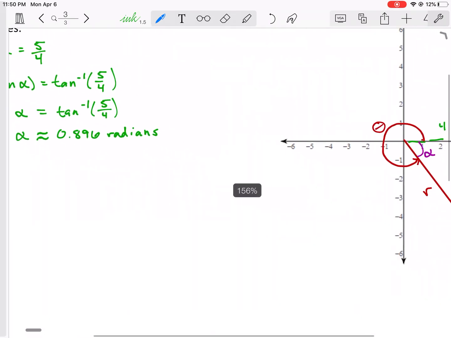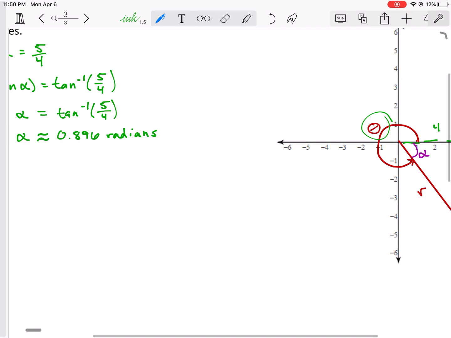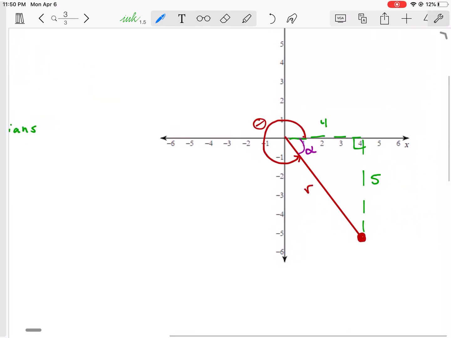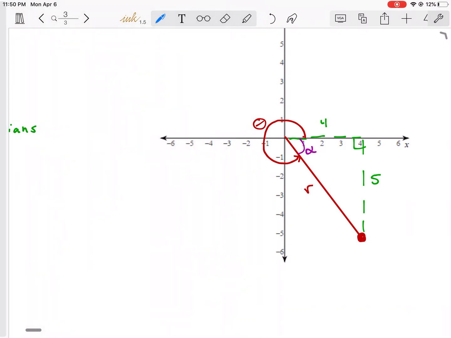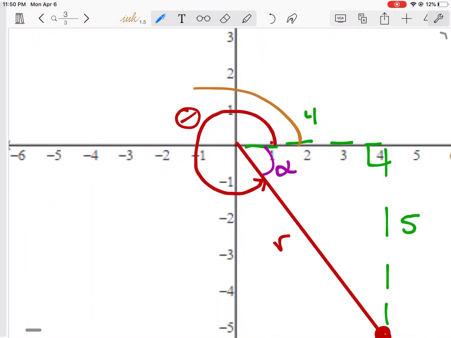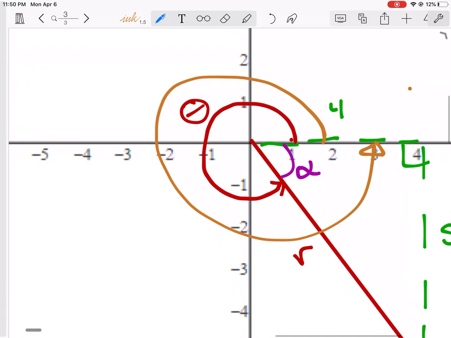But again, what we actually want to figure out is theta. So the question is, what is this entire angle all the way around to here? Well, since we're working with radians, we know that one full rotation is how many degrees?